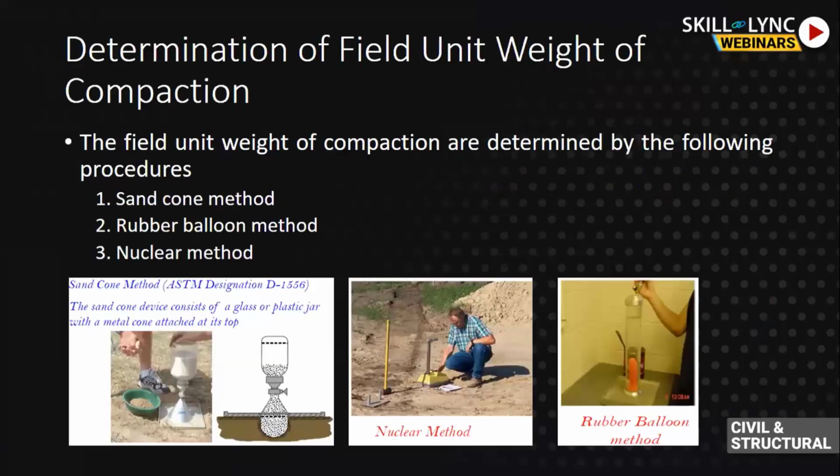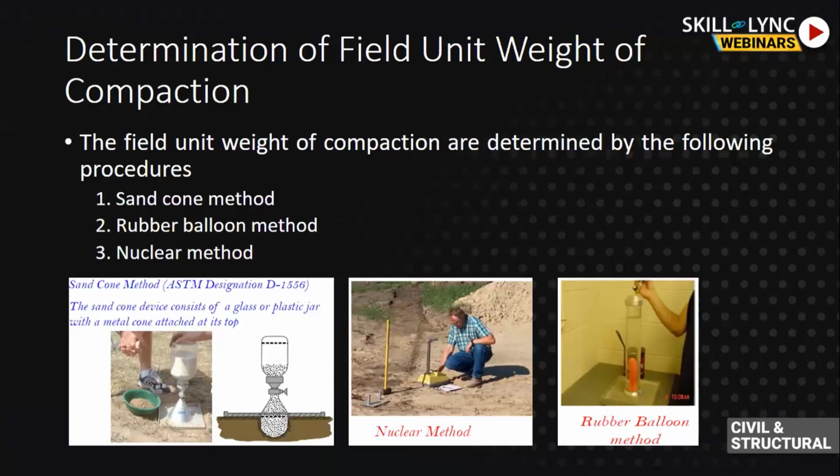Moving on to the field tests, I've shown three basic methods where, in the field, we try to determine how the compaction has happened and how good it is: the sand cone method, the rubber balloon method, and the nuclear method.